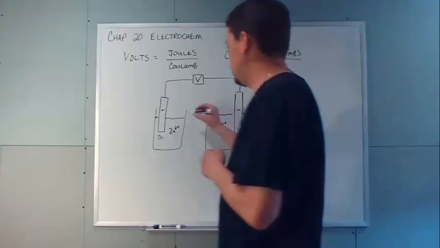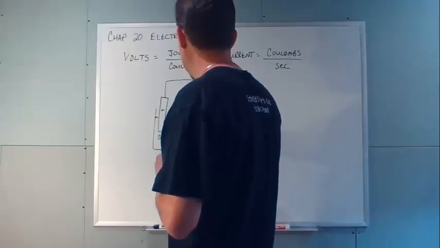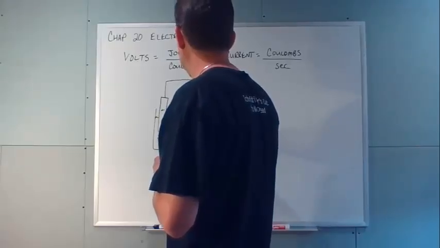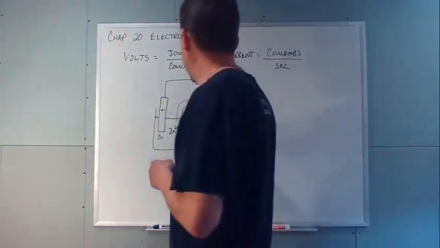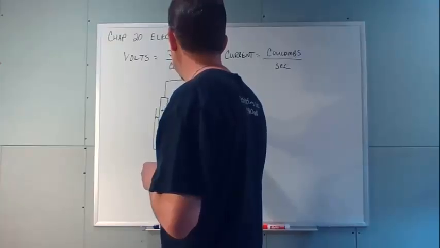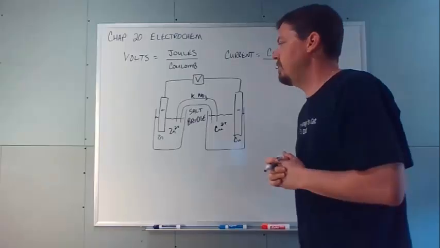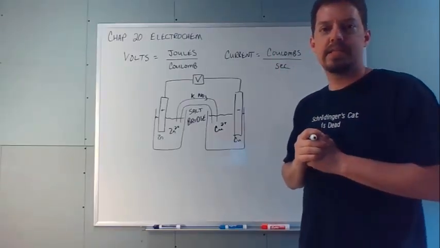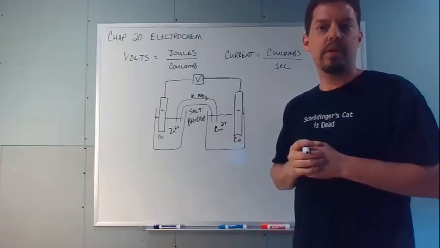So how do we do that? Well, that's what our salt bridge is. Our salt bridge is usually made up of potassium nitrate, because potassium and nitrate are not going to ever get involved in redox reactions when you're dealing with water.